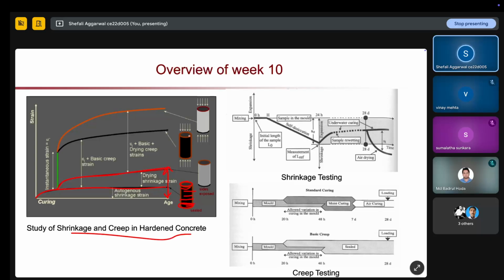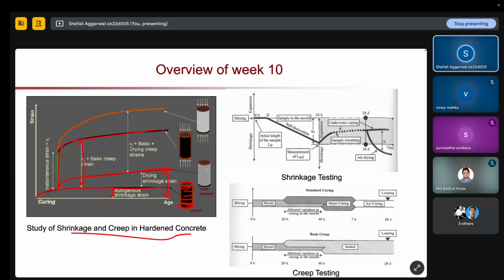Next thing is, if I am sealing the wall side and also applying load in the top and bottom direction, in that case what will happen? I am having autogenous shrinkage plus basic creep happening. When I am loading it, suddenly your strain will increase and then it will become constant. So this will give me the basic creep value.